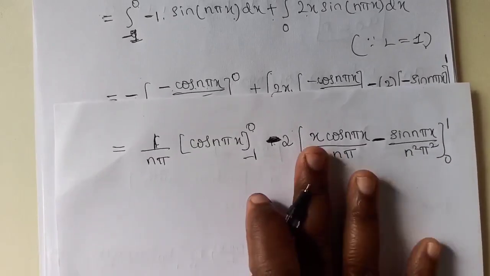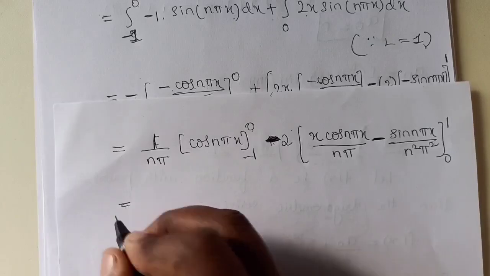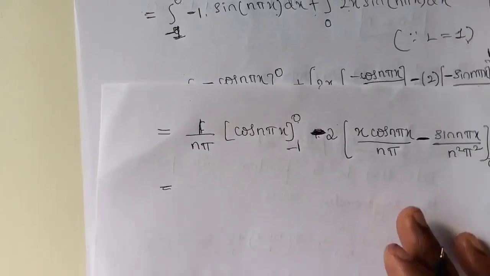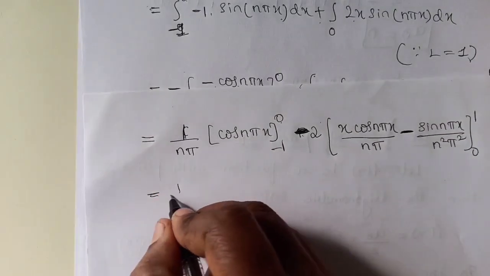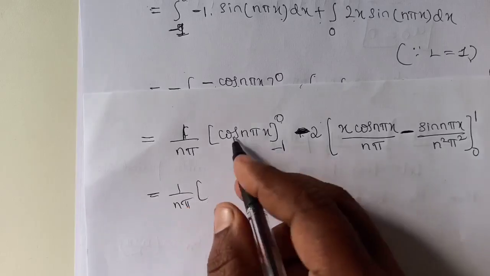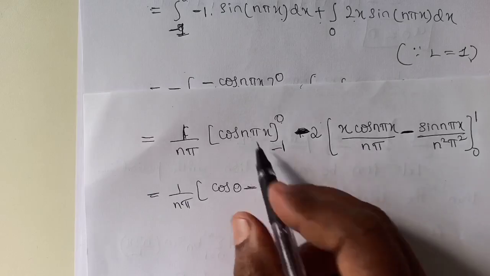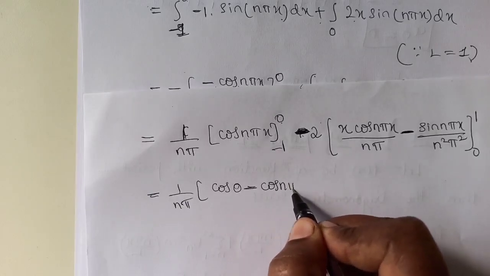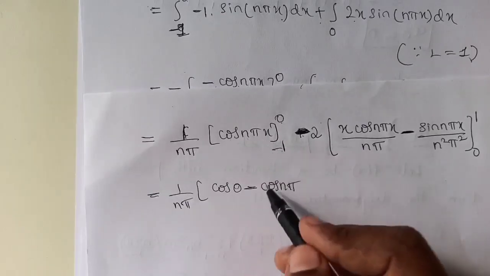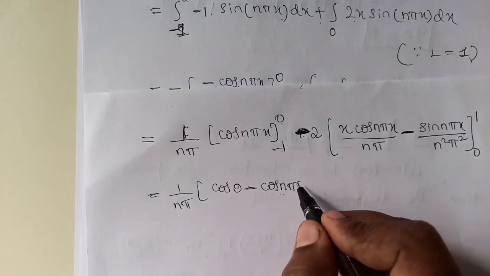Now we apply the limits here. On applying limits we get 1 by n pi, here this becomes cos of 0 minus cos of minus n pi. Since cos of minus theta is equal to cos theta, therefore it is cos n pi.